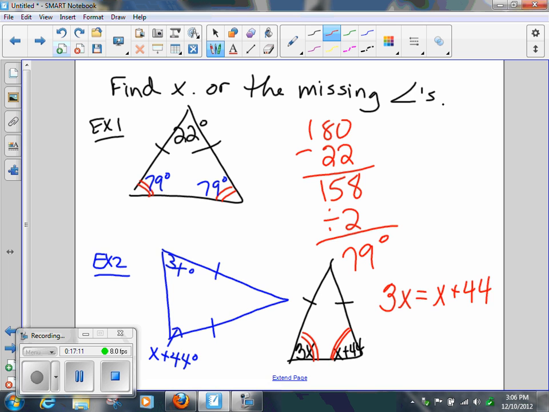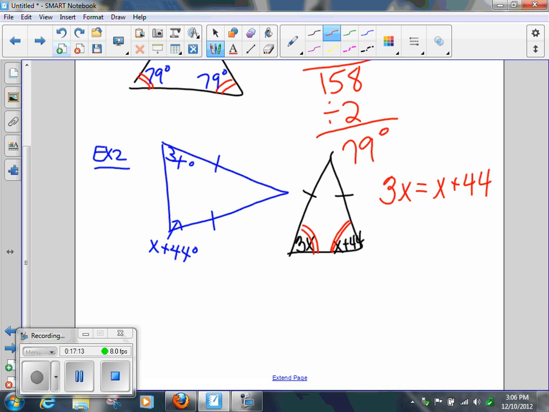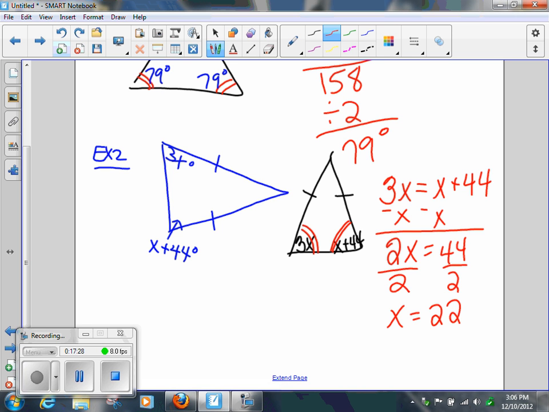Oh my God, what do I do then? Let's find x. And then hey, are we doing geometry or are we doing algebra? Now we're doing algebra. 44 divided by 2 is 22. What if I needed to know the angle measure? That's x. Plug it in.